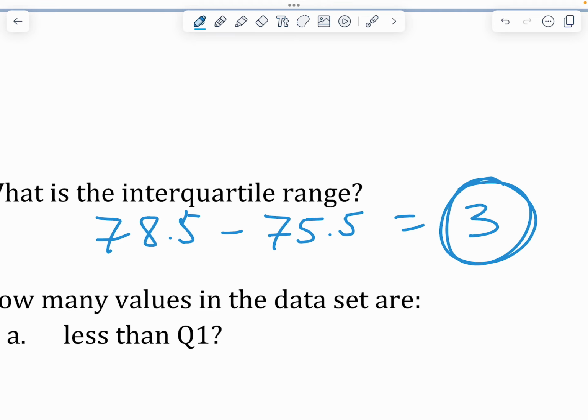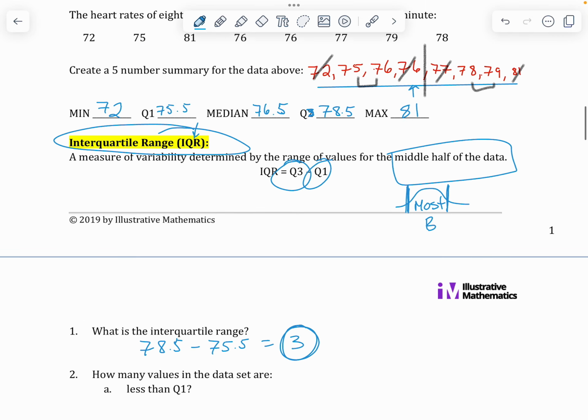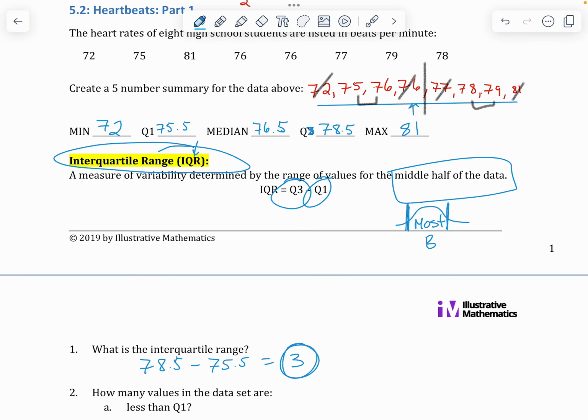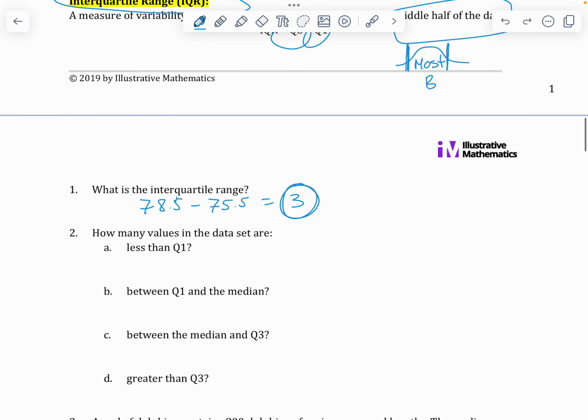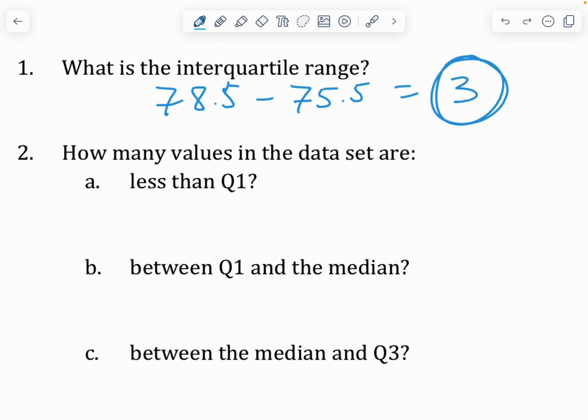So our interquartile range is only 3, whereas the range of our entire data would be 9, right? Subtracting from here to there would be 9, which is a much bigger range. So interquartile range is a more focused range, is what I like to call it.